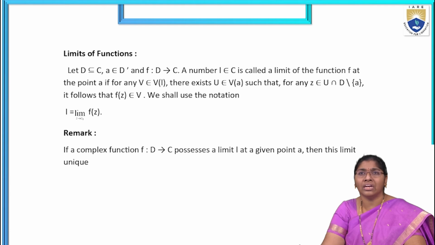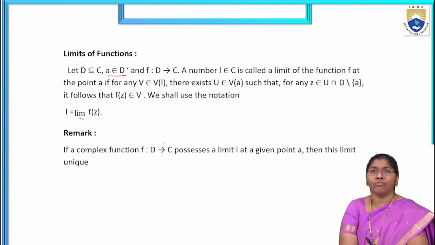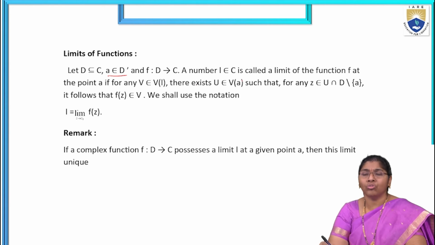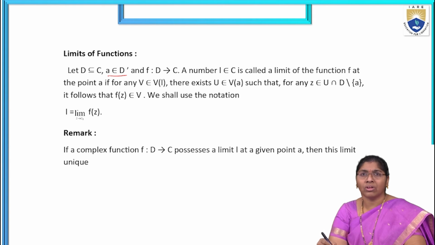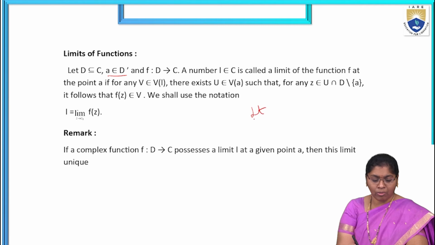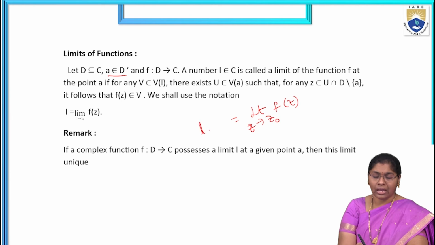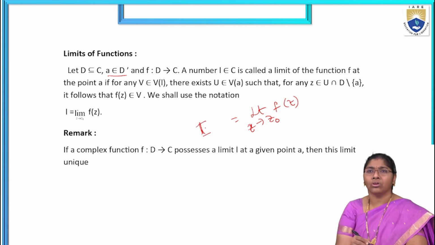The codomain is C, and f from D to C. A number L belonging to C is called the limit of a function f at a point A if for any neighborhood V of L there is a neighborhood U of A such that for any z belonging to U intersection D, the following condition holds: limit z tends to z naught of f of z equal to limit L. We are considering capital L, the choice is ours.